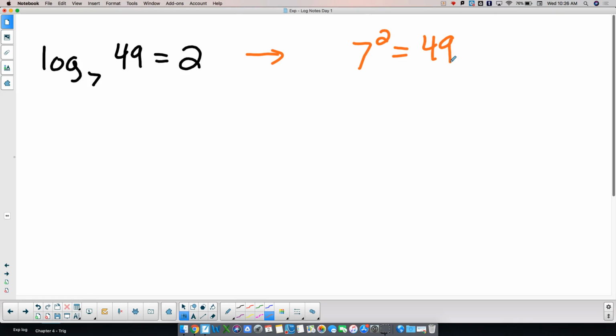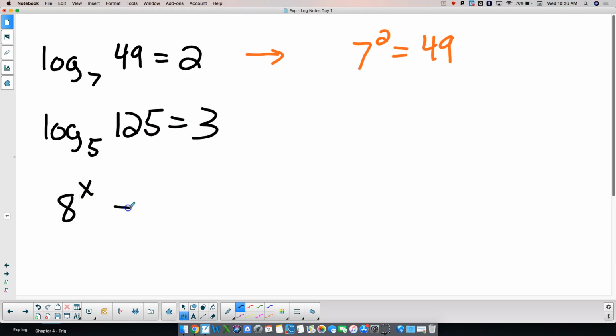So, what I would like you to do now is change forms with that one, and that one, and this one. Change forms with those.